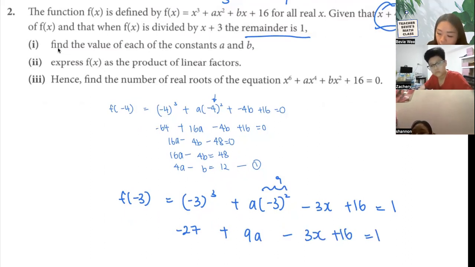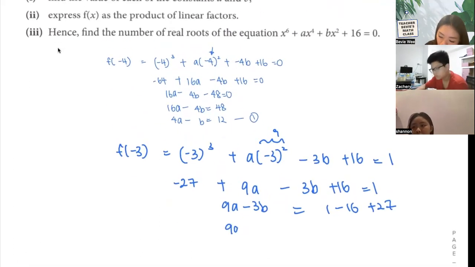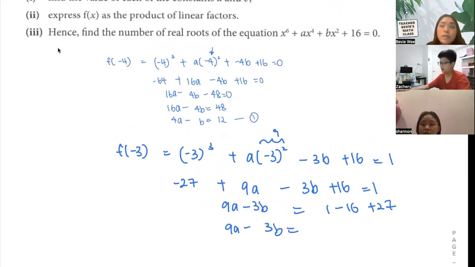Oh, sorry. Wait, x is minus 3. My God, it's minus 3b, not minus 3x. Okay, x is minus 3, not b. All right, then 9a minus 3b equals 1 minus 16 plus 27, which gives me 9a minus 3b equals 27 minus 16 is 11, 11 plus 1 is 12.